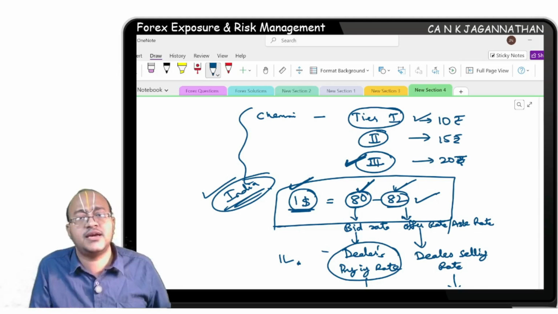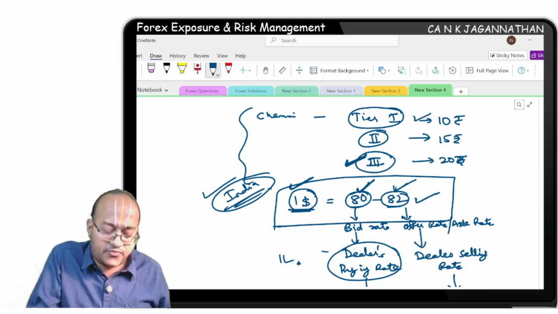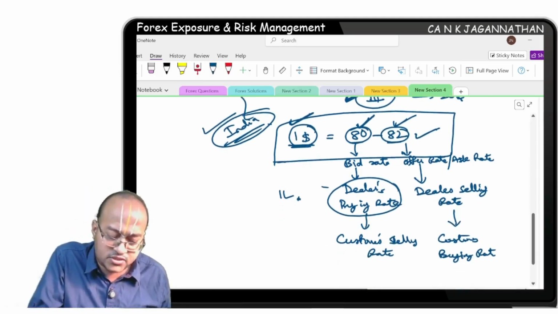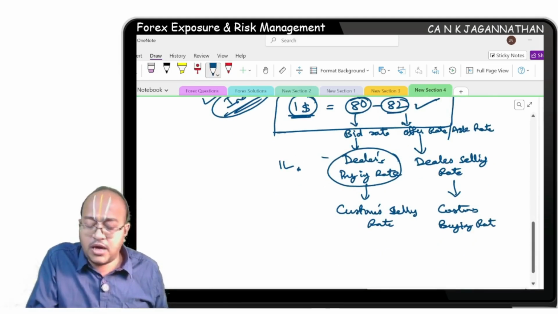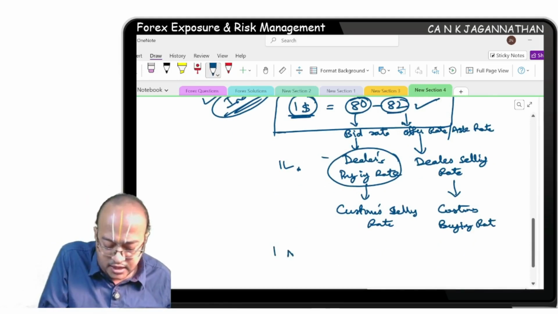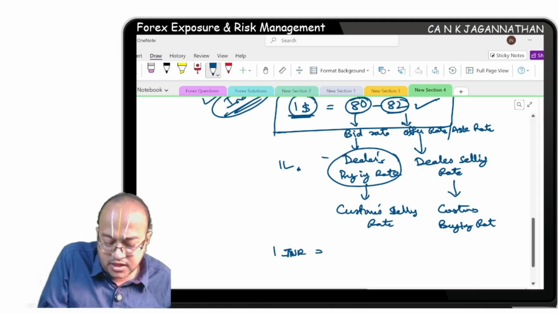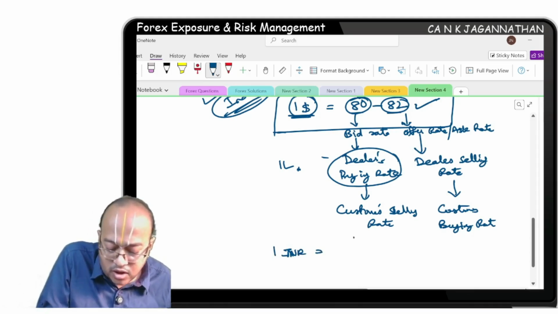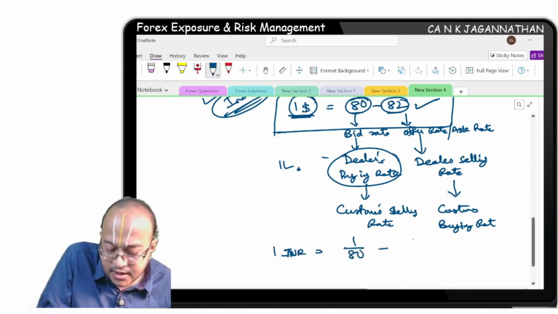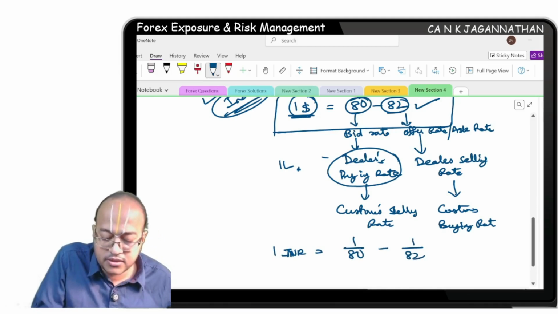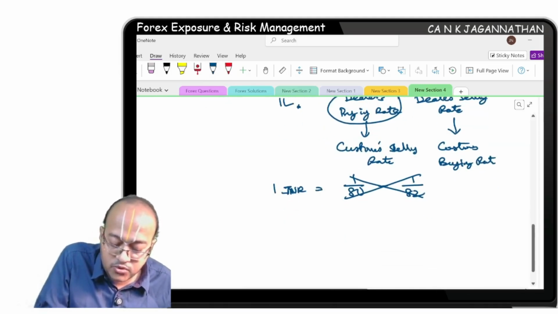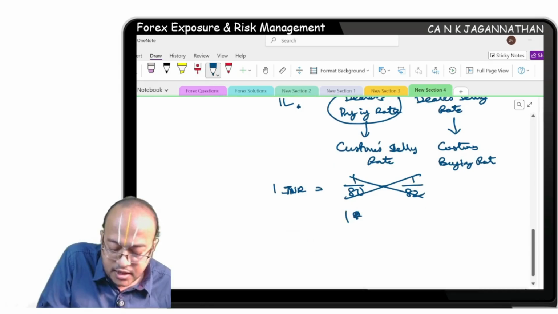Because the currency changes. If this is $1 equal to 80, 82, then 1 INR is equal to, not 1 by 80 hyphen 1 by 82. This is wrong. You should write like this: 1 by 82, 1 by 80.